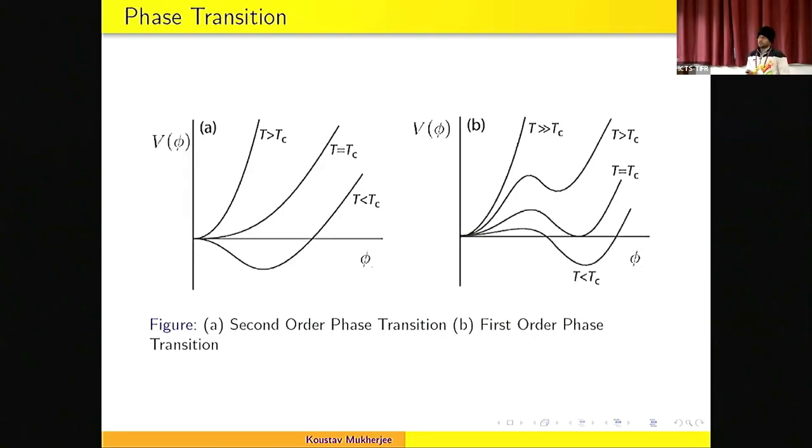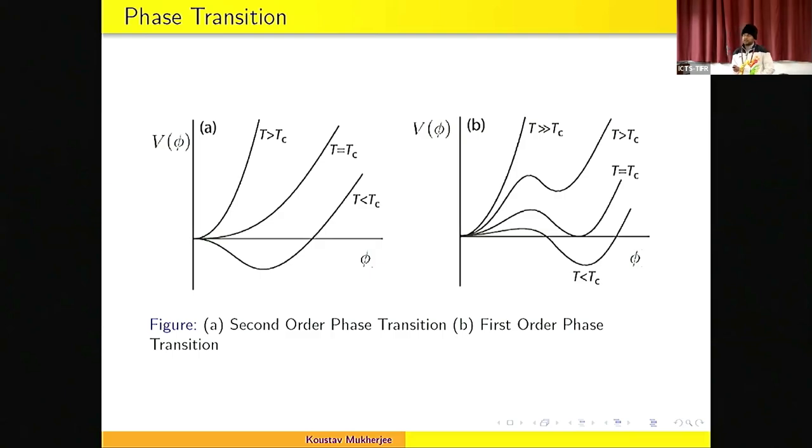So this is the structure of how the effective potential varies with the scalar field, with a pictorial representation: A is a second order phase transition and B is a first order phase transition. Initially, when the temperature is greater than a particular temperature, known as the critical temperature, the vev was at 0, but as the temperature of the universe cooled down, we can see that it smoothly changes without the formation of any barrier.